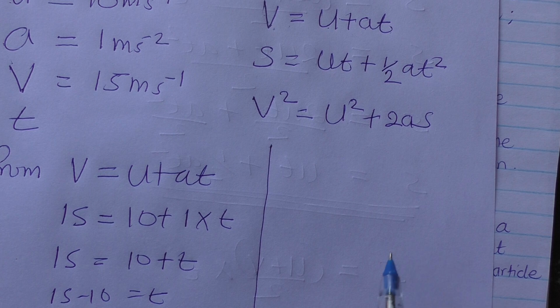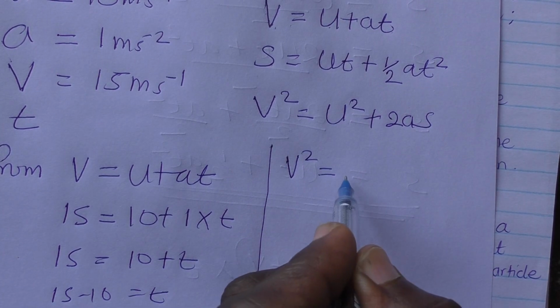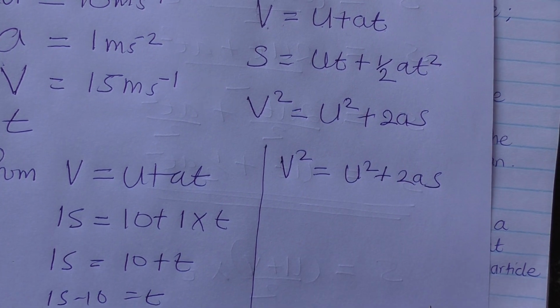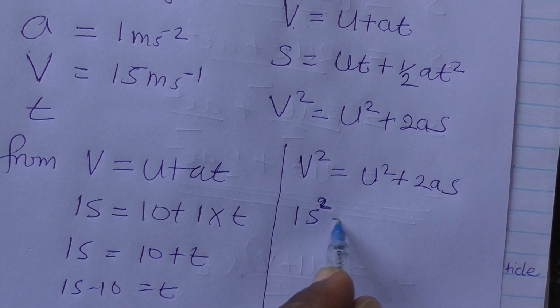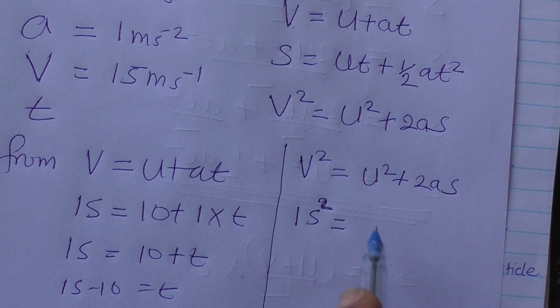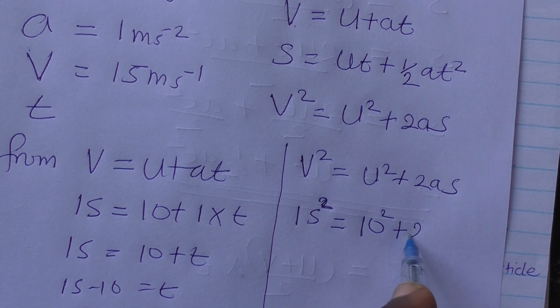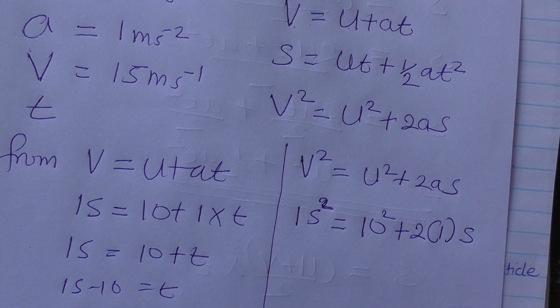I would prefer using the third. So from v squared equals u squared plus 2as, we substitute. V is 15 squared equals u squared, which is 10 squared, plus 2a, where a is 1, and s is what we want.